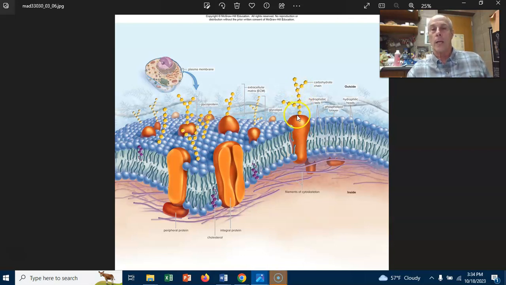Some of these markers on a cell's membrane identify that cell as either self, belonging in the body, or foreign, doesn't belong in the body. So when I say antigen, this is a good thing to be thinking about: a marker on a cell surface, a cell membrane, that identifies it as belonging or not belonging.